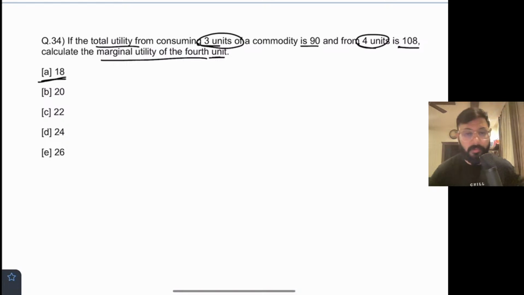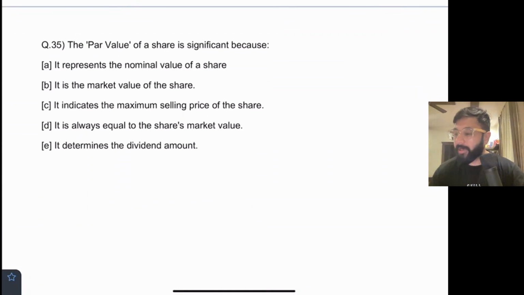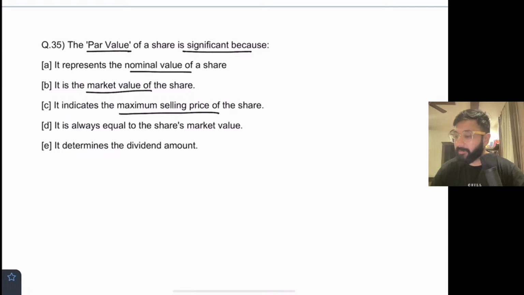यस, द आंसर इज ऑप्शन नंबर ए, सिंपल क्वेश्चन, बहुत ज़्यादा कुछ कॉम्प्लिकेटेड नहीं था इसमें, वो मैंने ऐसे ही बोला था जस्ट टू सी इफ़ यू गेट स्टक और नॉट. Question number 35. Par value of a share is significant because it represents nominal value, it is the market value, it indicates maximum selling price, always equal to shares market value, determines the dividend amount.